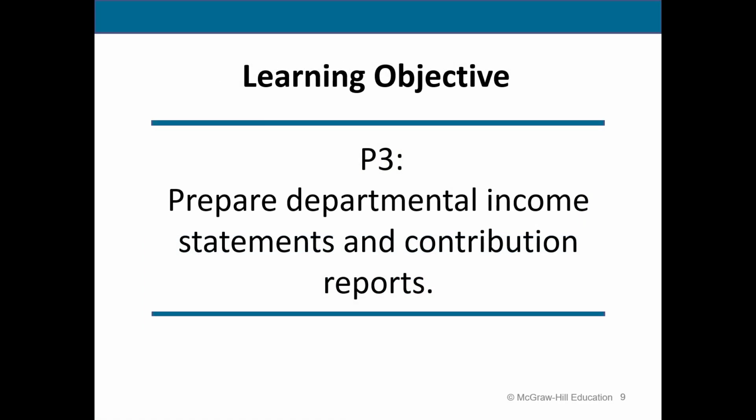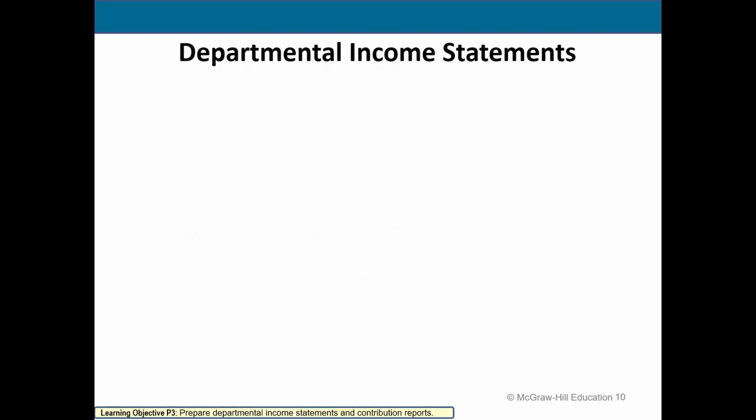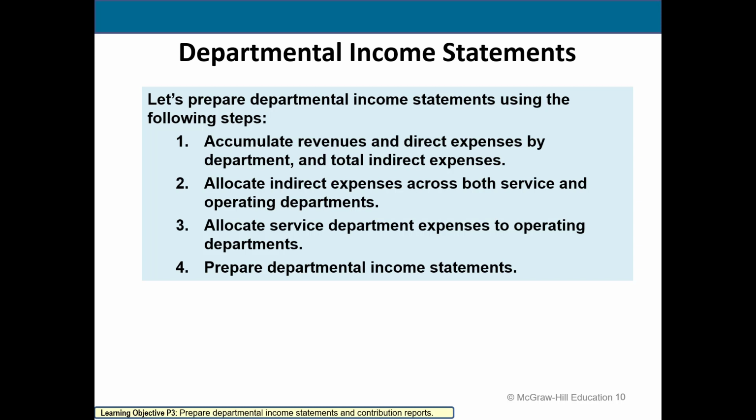We will look at a departmental income statement next. We must determine the expenses for each department using three steps. First, we will accumulate revenues and direct expenses by department. Next, we will allocate the indirect expenses across service and operating departments.